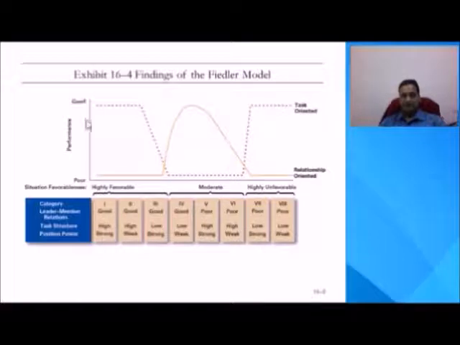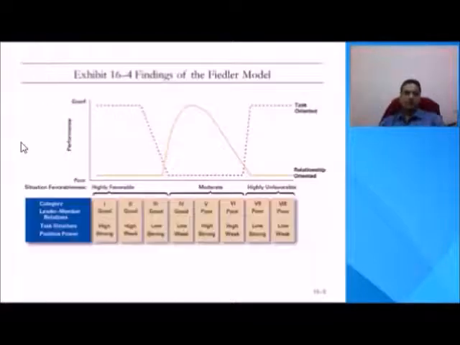This is a little different from what we used to think, that relationship oriented leaders would perform better during unfavorable situations, but that is not what the Fiedler model tells us.